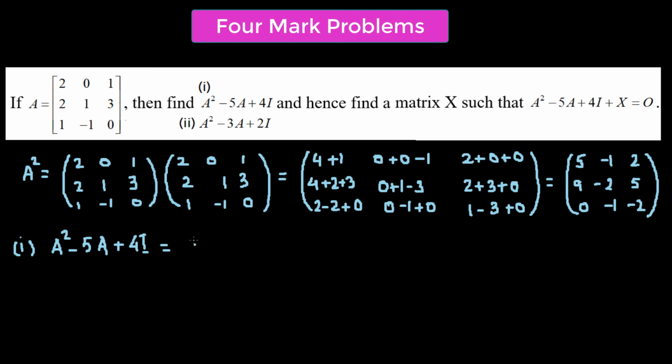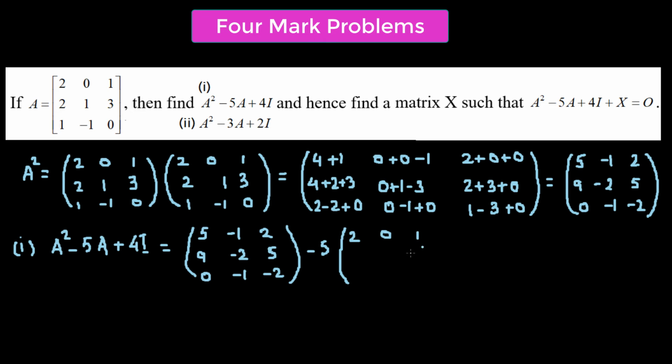So that is going to be equal to 5, negative 1, 2, 9, negative 2, 5, 0, negative 1, negative 2, minus 5 times our matrix A, which is 2, 0, 1, 2, 1, 3, 1, negative 1, 0, plus 4 times I. Now I is an identity matrix, so since all the matrices are of order 3 by 3, we have to consider an identity matrix of the same order.